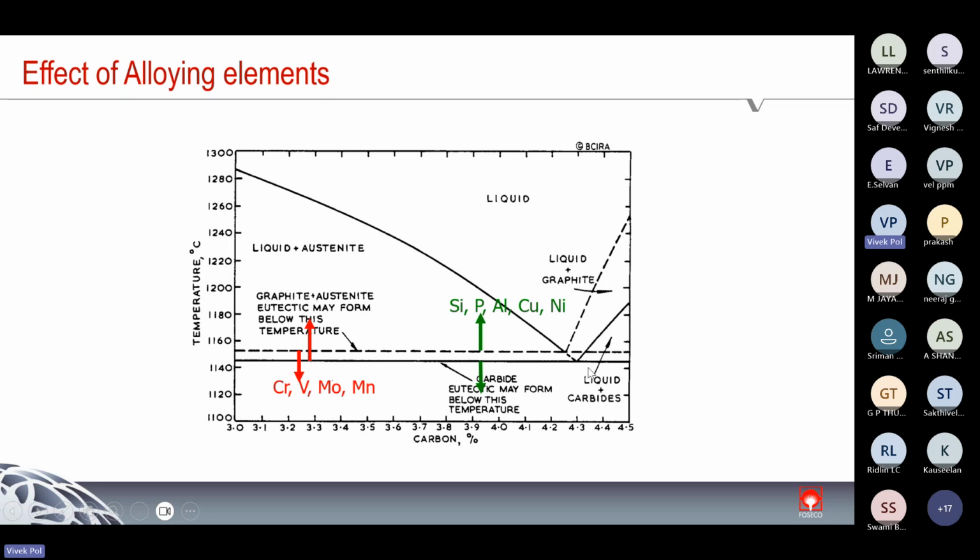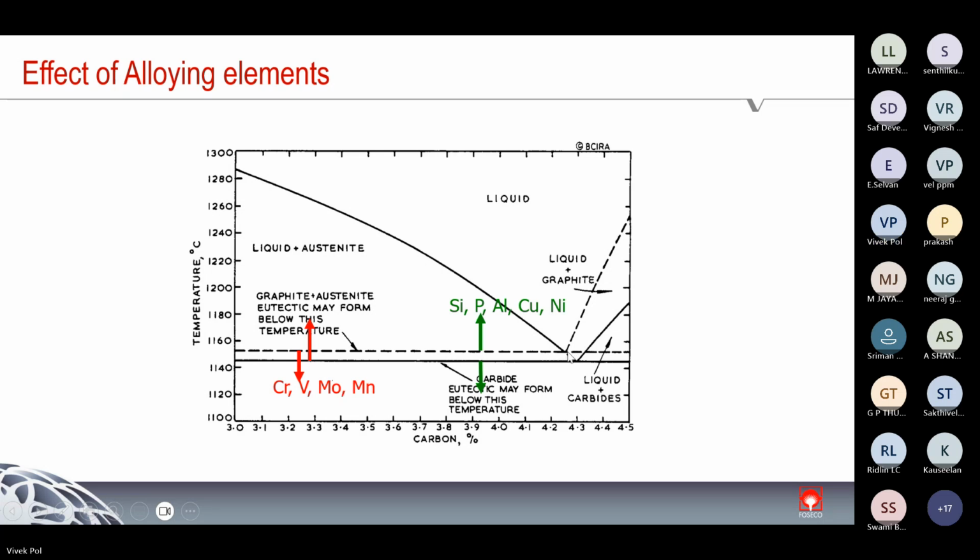And our casting should always solidify in between these two lines, not above this line, not below the carbonic line. Below the carbonic line, all casting will solidify as carbides only, and above this graphitic line, in the case of gray iron, we will get pitch type graphite, or in the case of SG, exploded graphite.